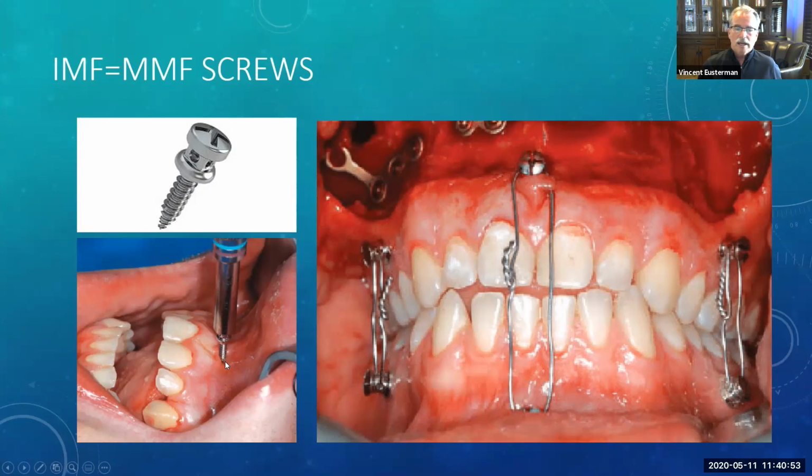These can actually penetrate a tooth root and cause the tooth to become non-vital, so you want to be really careful where you put these screws. I usually use the 12s in the maxilla and the 8s in the mandible. I generally don't make an incision when I put these in. I just do a slow job and they don't seem to tear the tissue. They're a wonderful way to treat these conditions.